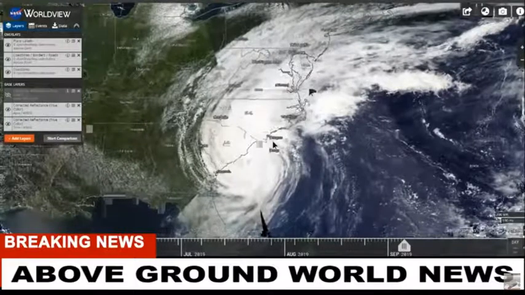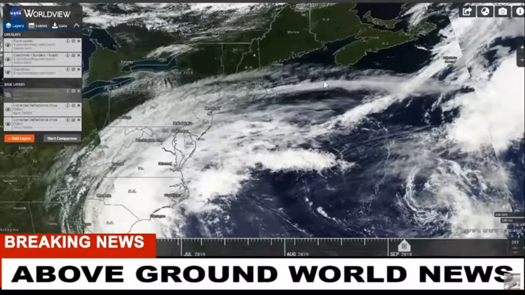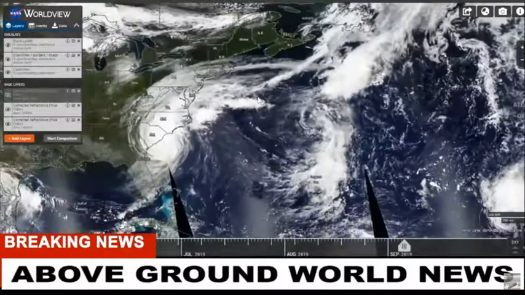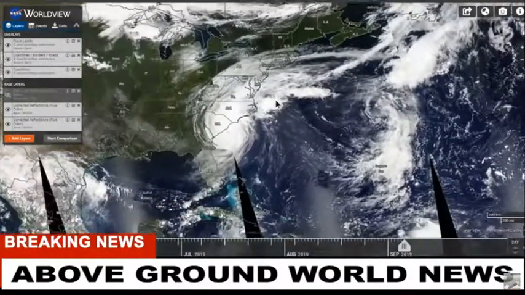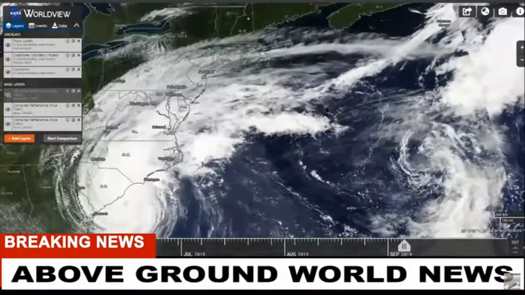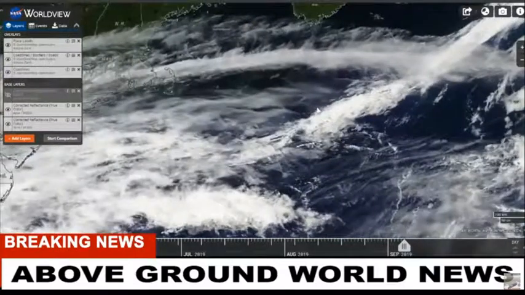Look at that X right here. Super nasty looking aerosols being deployed. And this is part of the guidance system, which you just heard. And depending on which side they're seeding, it affects the whole hurricane, the whole motor. But they're spraying both sides of this baby.